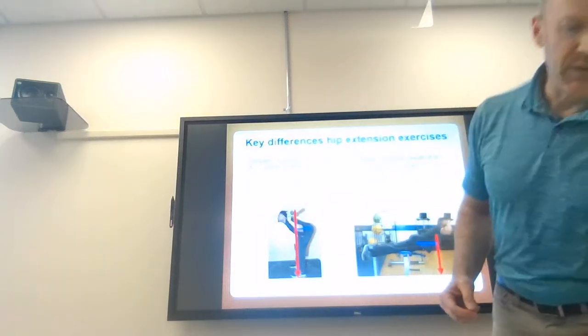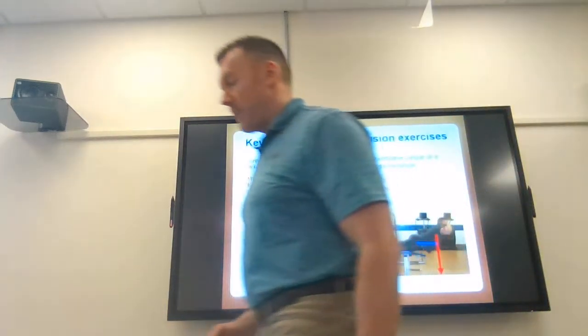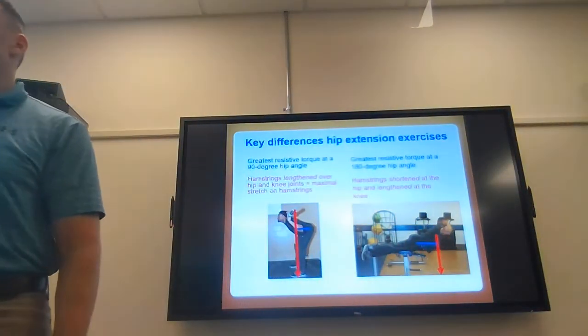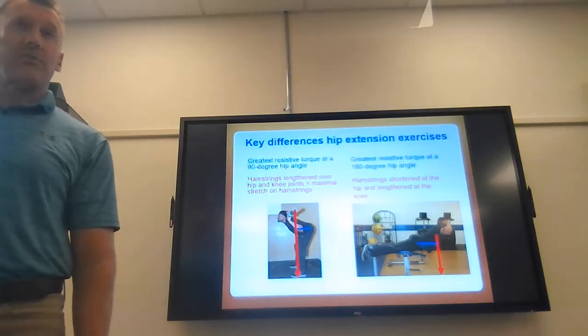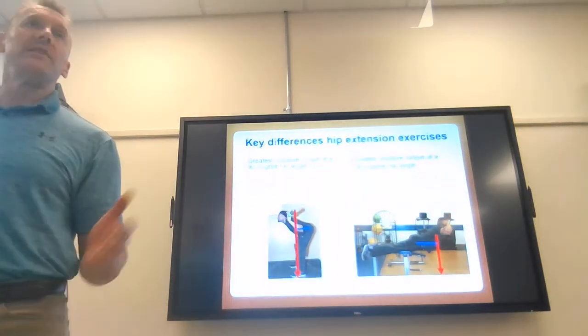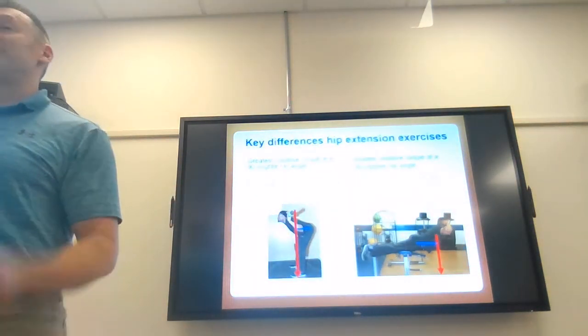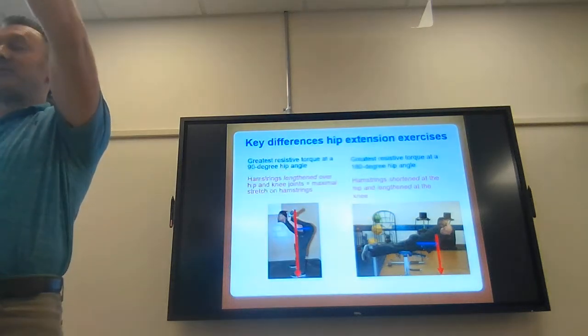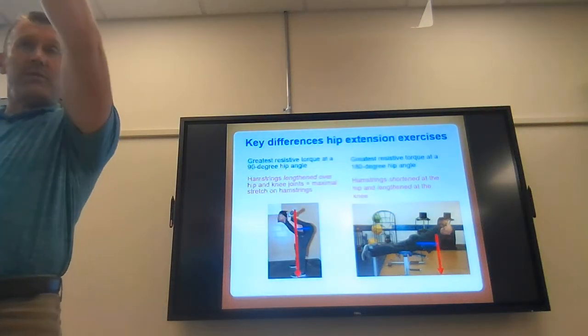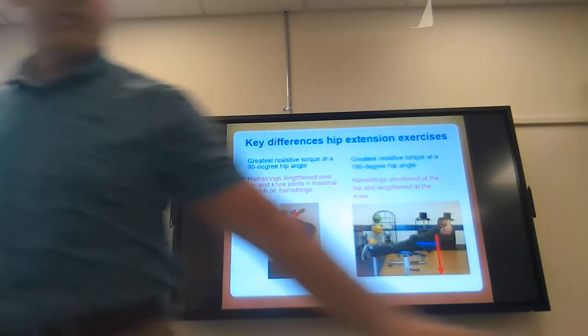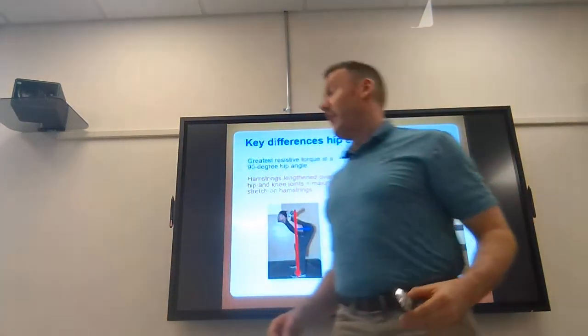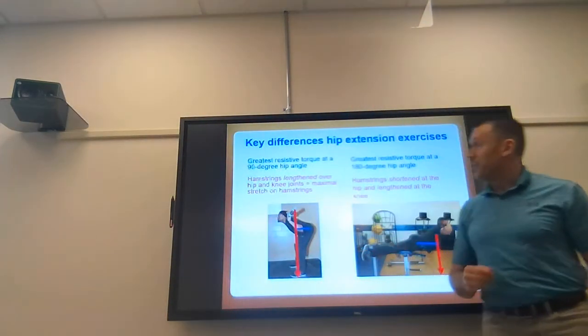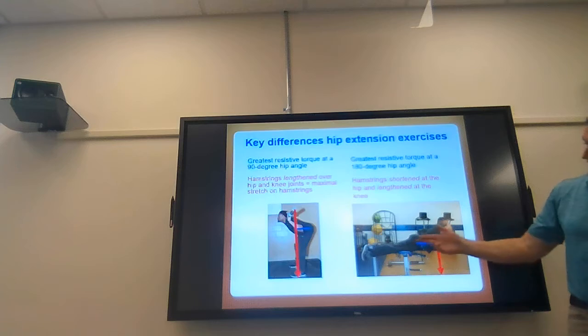If we think of the hamstrings as rubber bands, this puts a lot of strain on them. I'm not saying it's a bad thing, but it stretches the hamstrings over both attachment points at the same time.